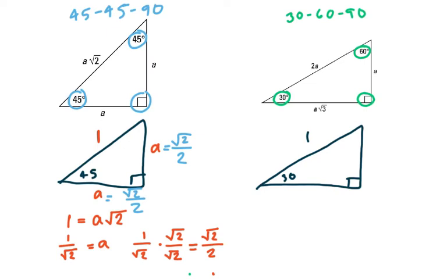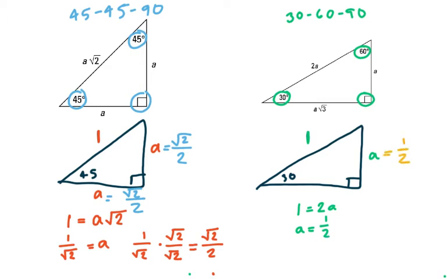So if we know that our hypotenuse is equal to 1, we know that 1 must be equal to 2a, a being the length of our shorter leg here. So if our hypotenuse is equal to 1, that's going to be double our shorter leg length. So if we divide both sides of our equation by 2, we get a is equal to 1/2.